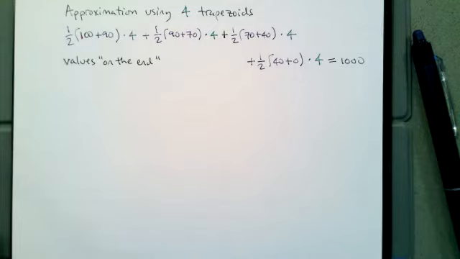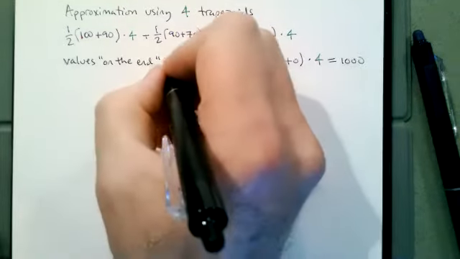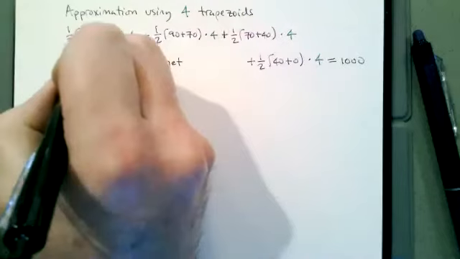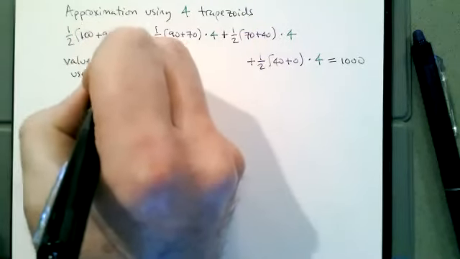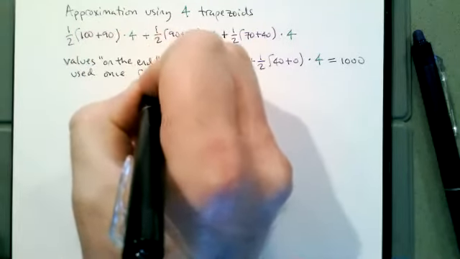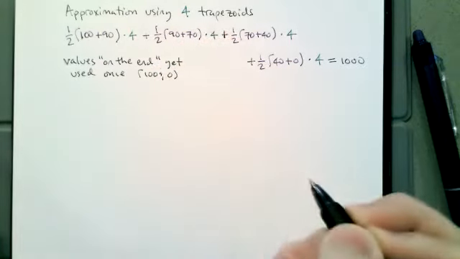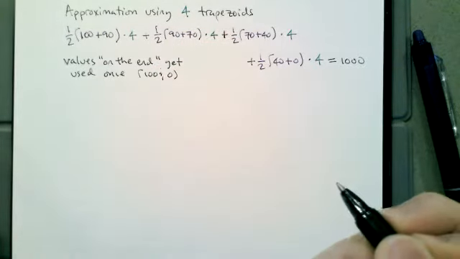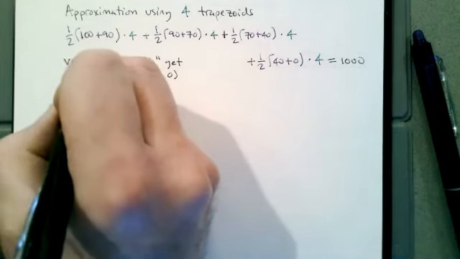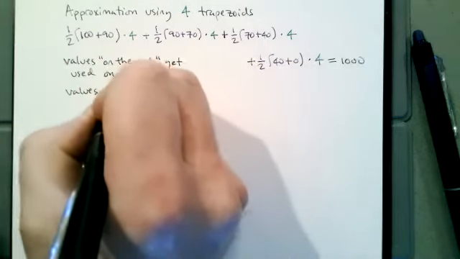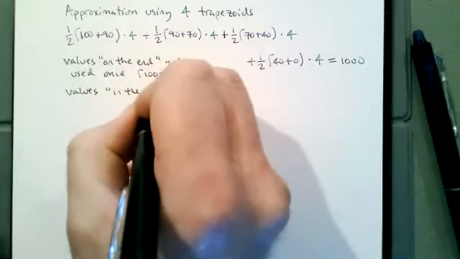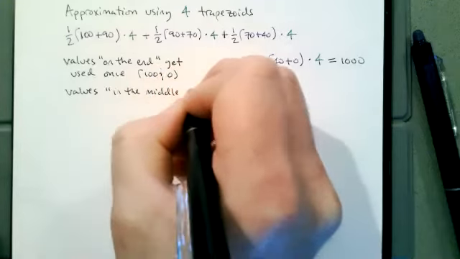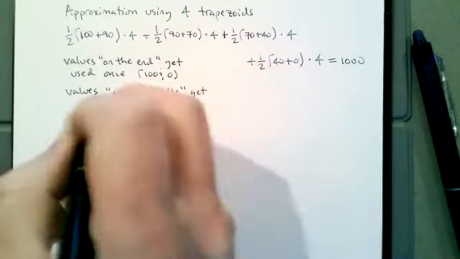Sorry, so the values on the end get used once. That's the 100 and the 0. Notice that the values in the middle get used twice. Sorry, could you write what Heather was talking about, the trapezoidal rule, or is that what you have up?